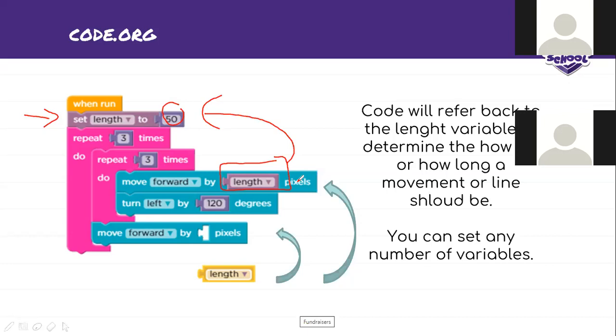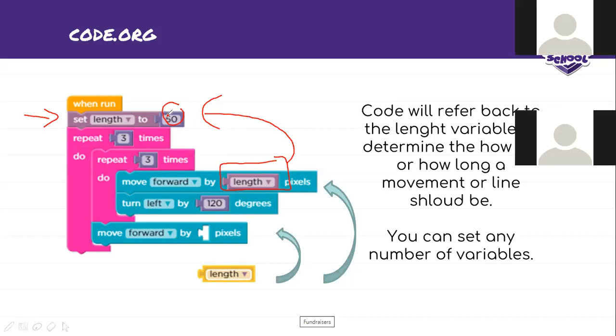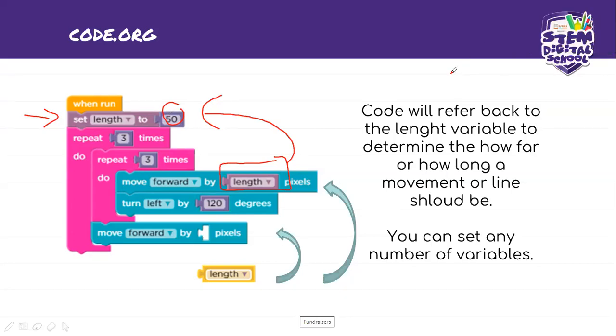But now, just because we've got length and we've predetermined it at the start, you just have to go to that one block, change it to 100, and everything in your code where you've used length will then change to 100. Okay, so I hope that explains it a little bit, and you'll see it will have an open space like this where we will just put it in.